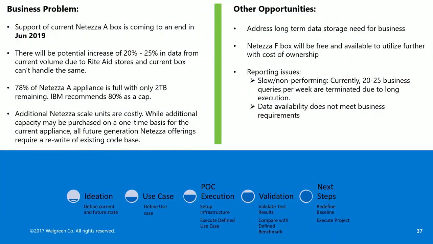So my name is Ann Cruz, and I work for Walgreens. I'm an IT manager supporting the supply chain operations of our retail industry here in the US. My business users have an application called Merchandising Portal, which is hosted in a Netezza appliance.